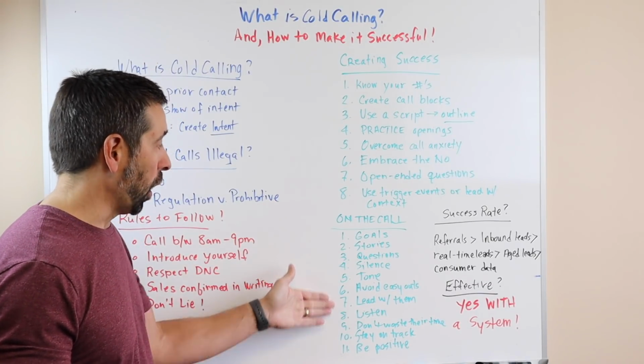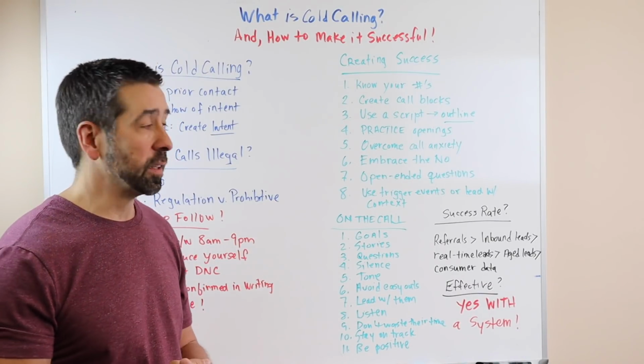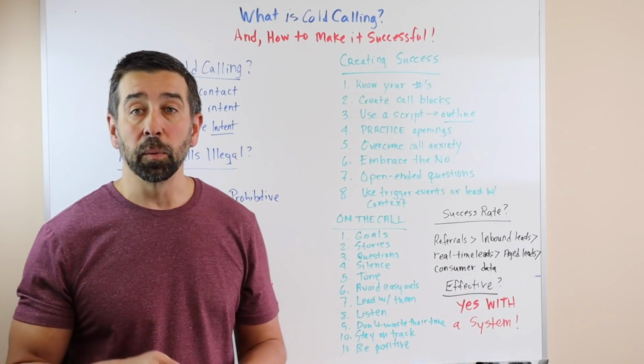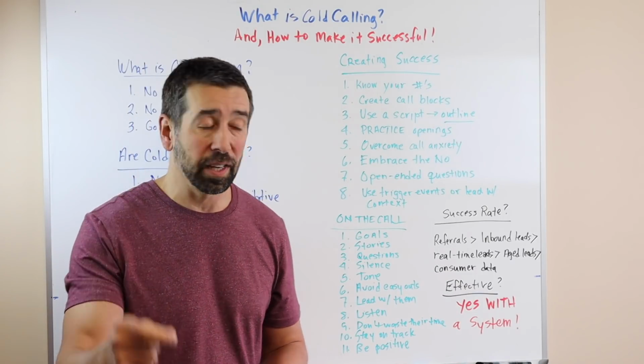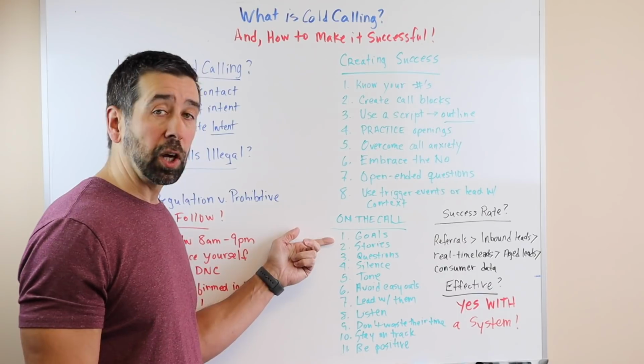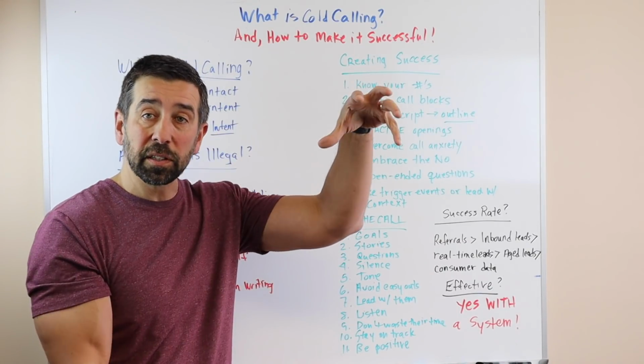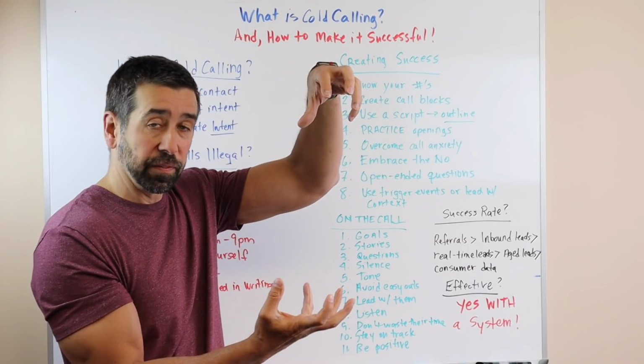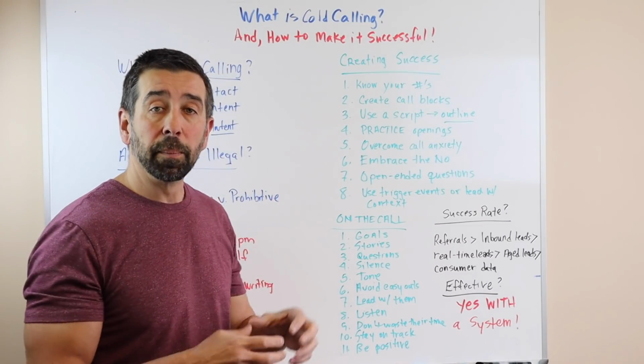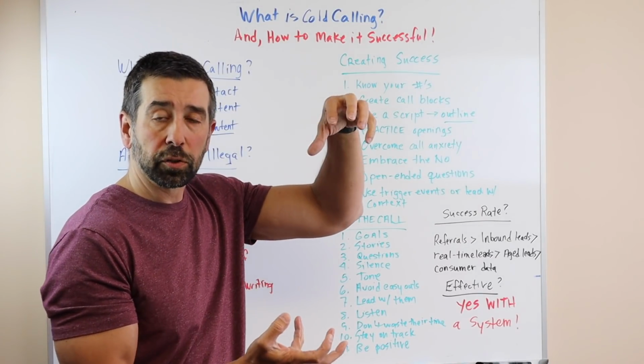Once you're on the call, here are some key things that you should always be thinking about that will make each call more successful. For each and every call, or the actual list that you're calling at any given time, so it may be a defined list that you've shaped, understand the goal that you're trying to achieve.